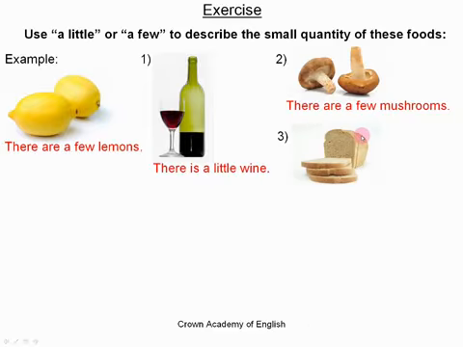Question 3. There is a little bread, because bread is uncountable, so bread is singular. We use a little because it is uncountable, and the verb is singular to agree with the noun in the singular. Okay?